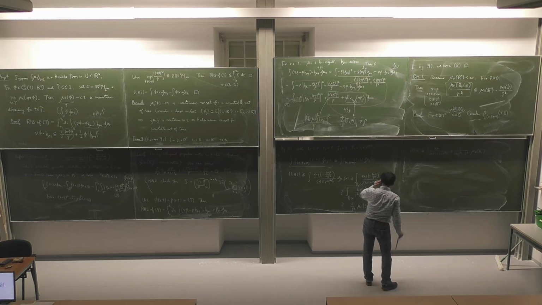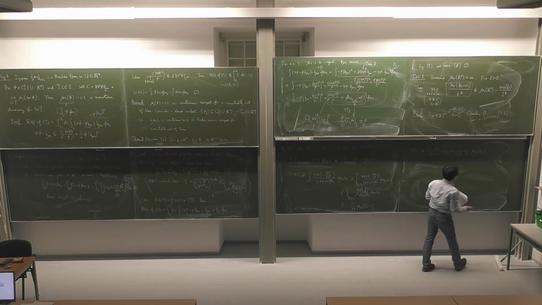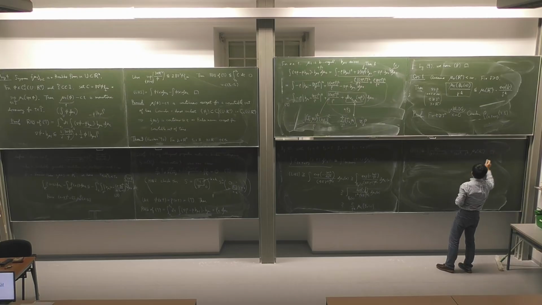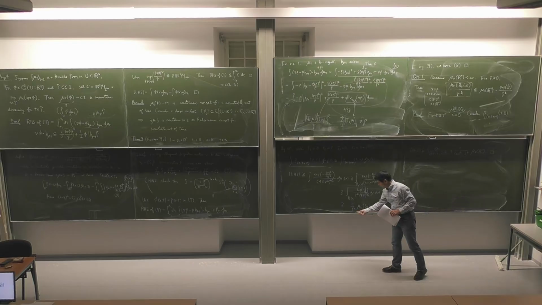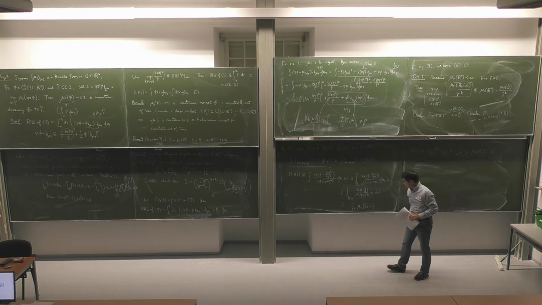So that's it. Basically that's the end of the proof, because these are constants, and you're bounding from above this quantity. Okay? So that's all.